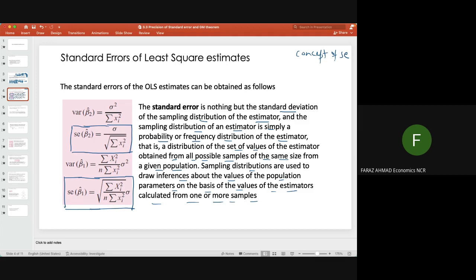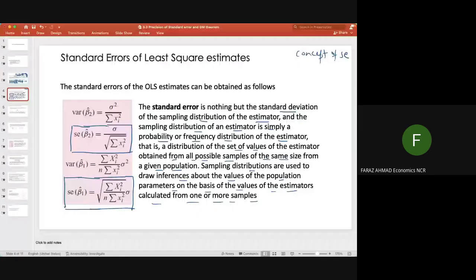First of all, you have one beta 1 hat and one beta 2 hat calculated from a given sample, right? Now suppose the sample size was 10 and the population size is 1000. So you have collected a sample of 10 from a population of size 1000.